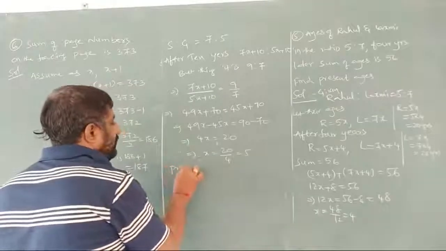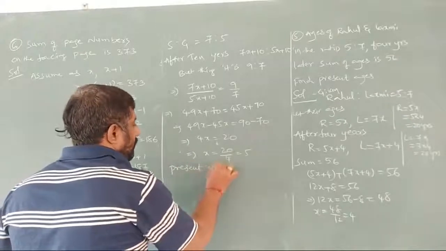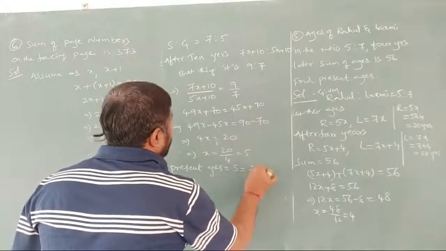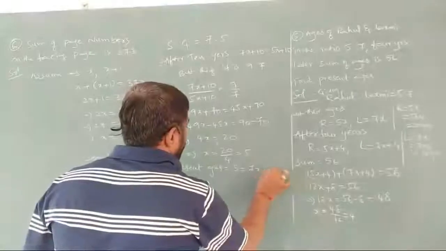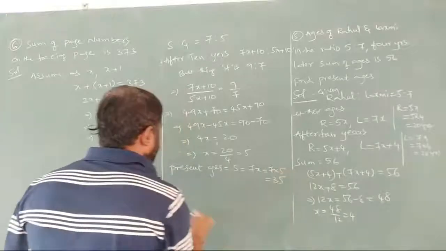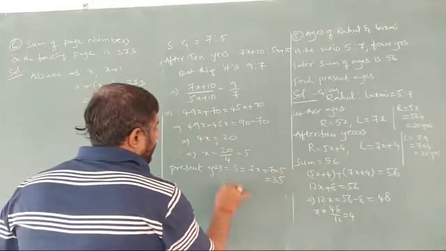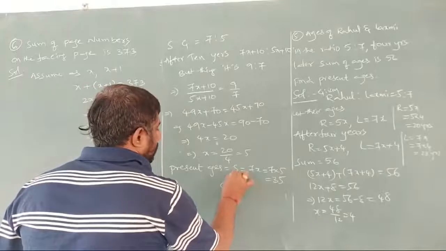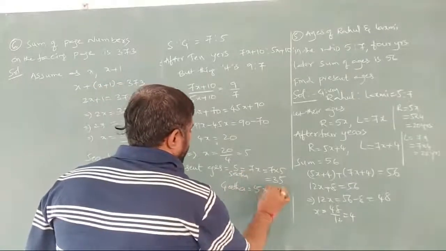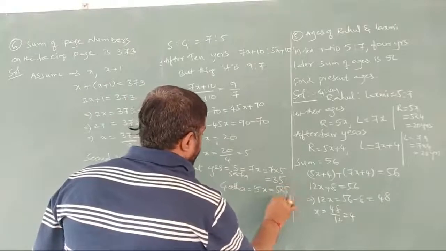So present ages. Sita, how much is it? 7x, nothing but 7 into 5 is 35, and Geeta 5x, 5 into 5, 25.